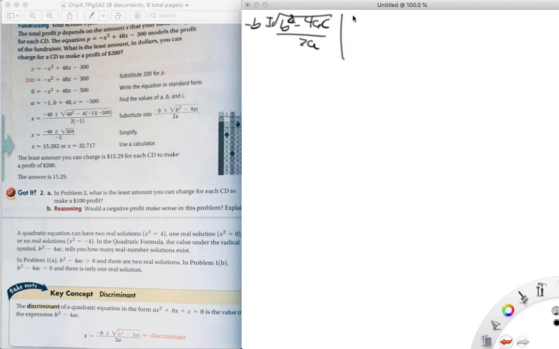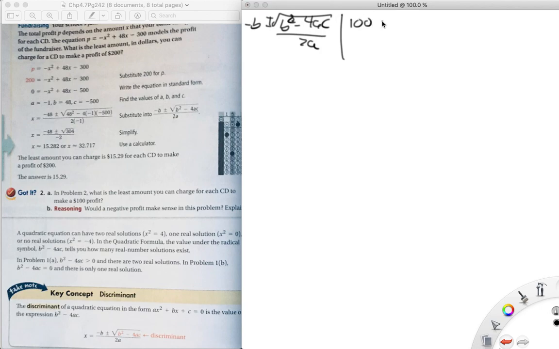In this case, our scenario is going to be this equation that's given to us. It's going to be having a profit of at least $100.